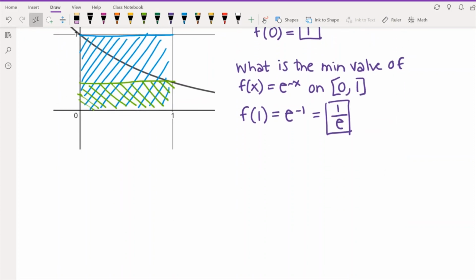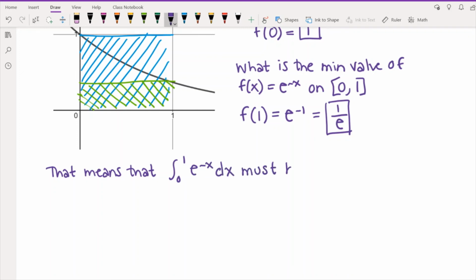So here we can say, let me write this down in words first, and then I'll write something with math symbols. So that means that the integral from 0 to 1 of e to the negative x dx must have a value that's between the values of, if you were to integrate from 0 to 1, 1 over e, right?